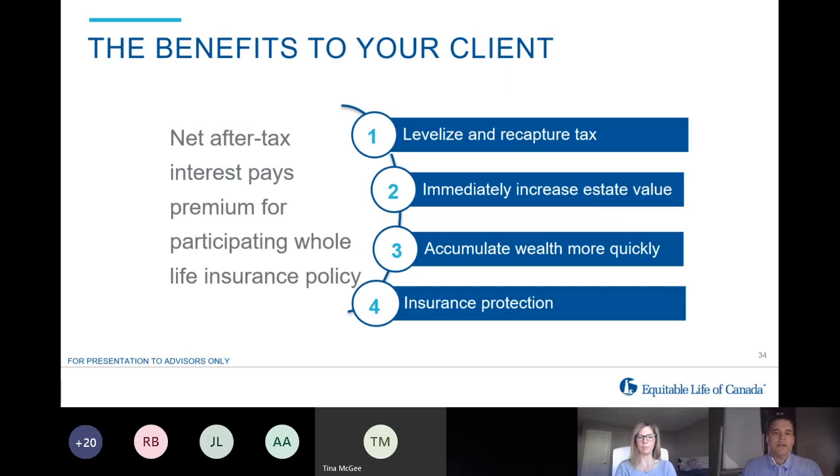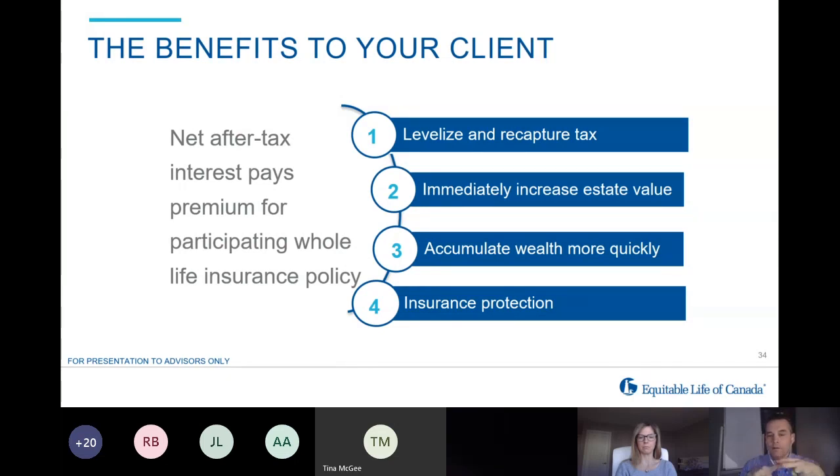And so, what are the benefits to your clients? Well, not that anybody's ever asked to levelize to recapture tax, but obviously levelizing helps them recapture that tax. They get an immediate bump to their estate. So if their feet aren't on the planet, we're helping replace the economic life value of that individual, or we're creating or conserving his estate.